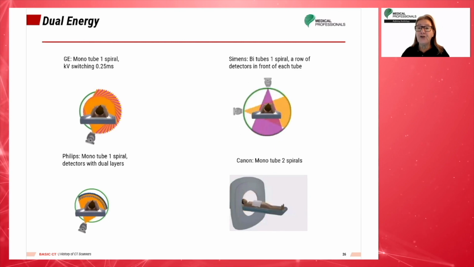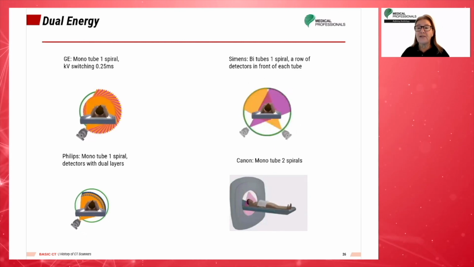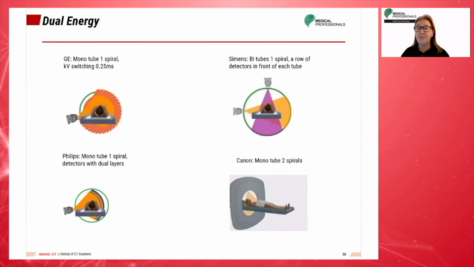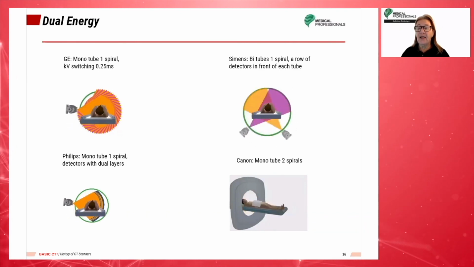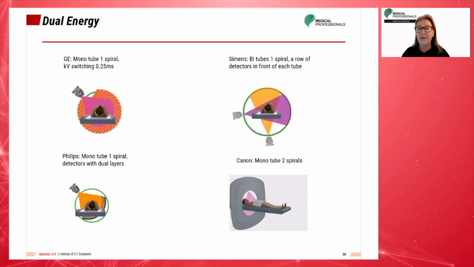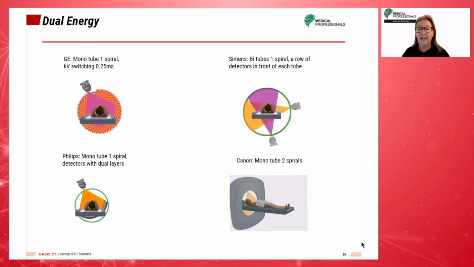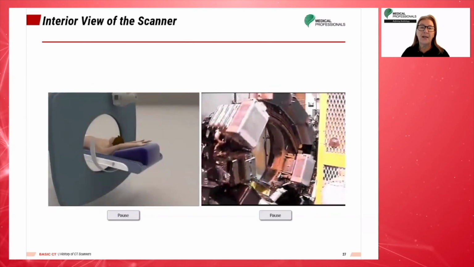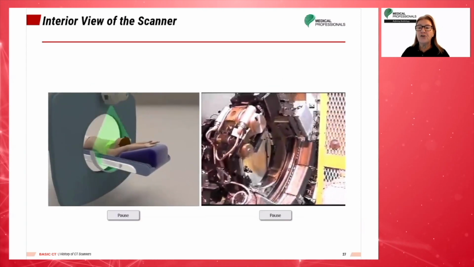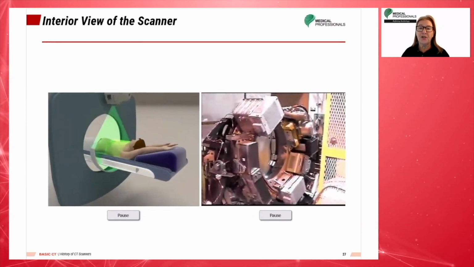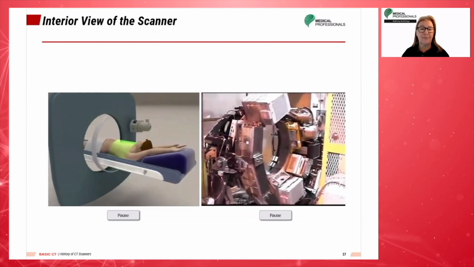Or it can use bitubes with simultaneous acquisitions using both tubes, 80 and 140 kV, or 100 and 140 kVp. This video shows the gantry movement around the patient during acquisition.